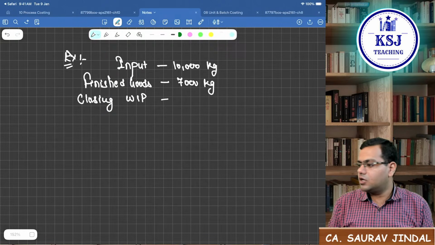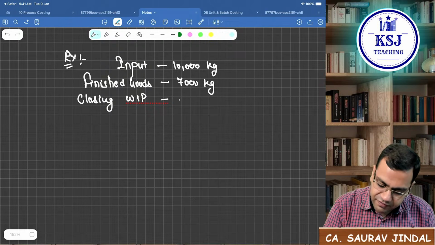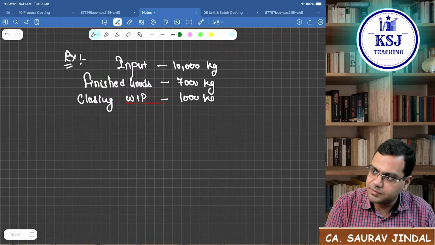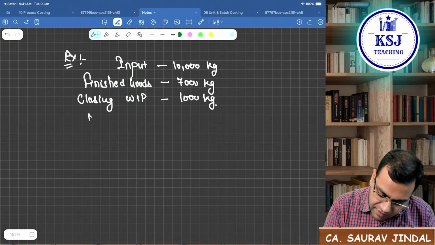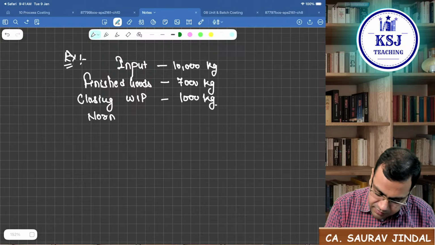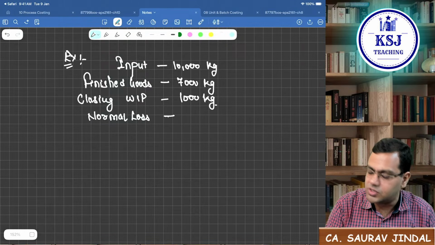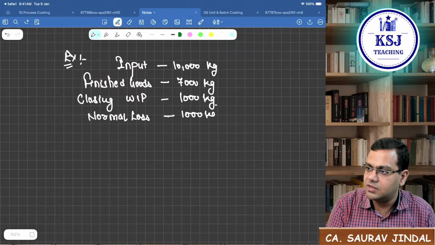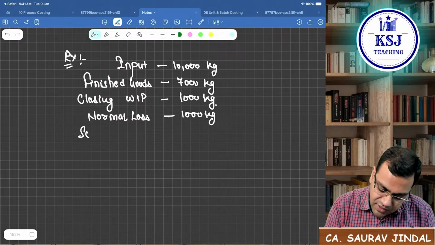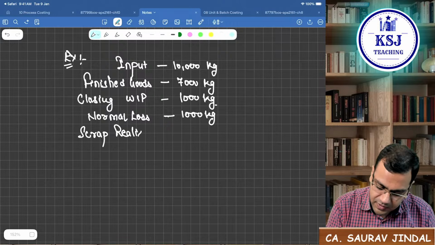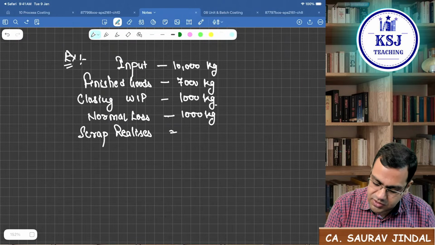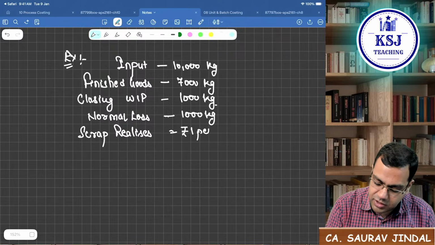Then you have closing WIP of 1000 kg. Then you have a normal loss of 1000 kg. Then it is given scrap realizes ₹1 per unit.